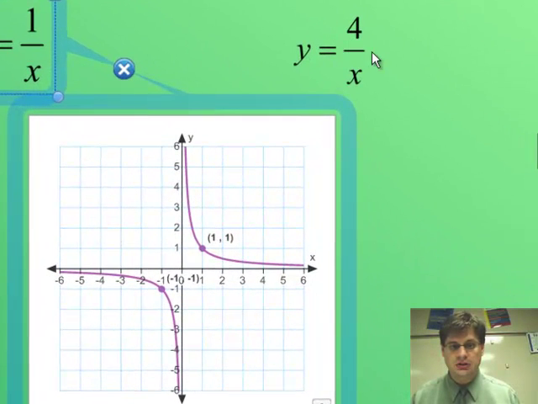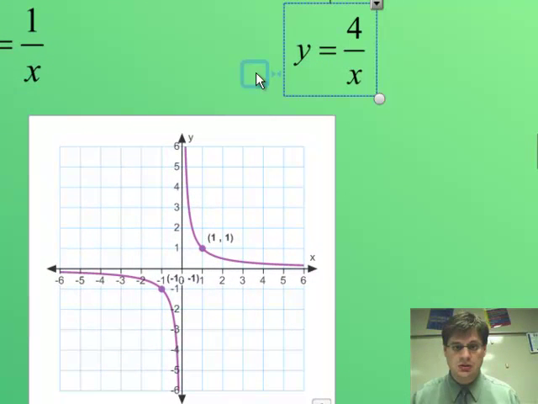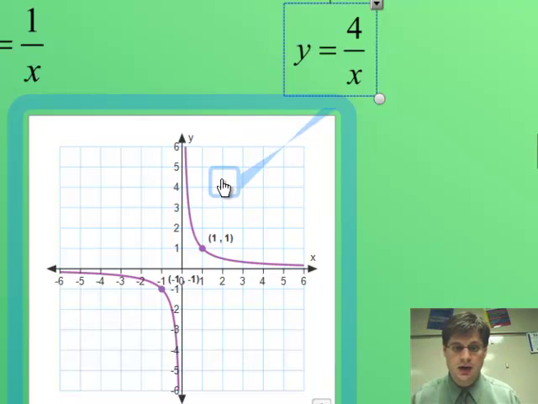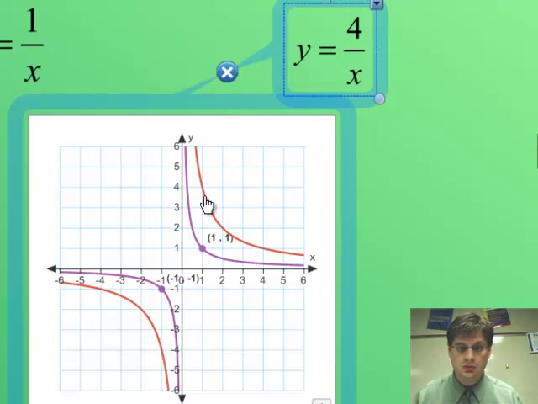So for instance, if I were to look at this one, if I wanted to graph it, all I'd have to do is substitute values for x. So I could put in 1 for x, so thus y would equal 4, and then I could do -1 for x, and so we'd start developing these points.